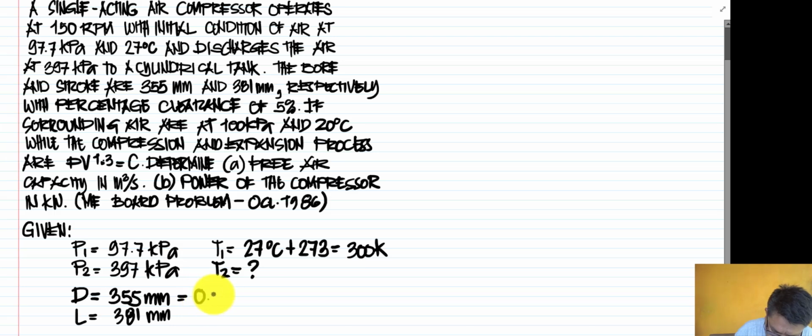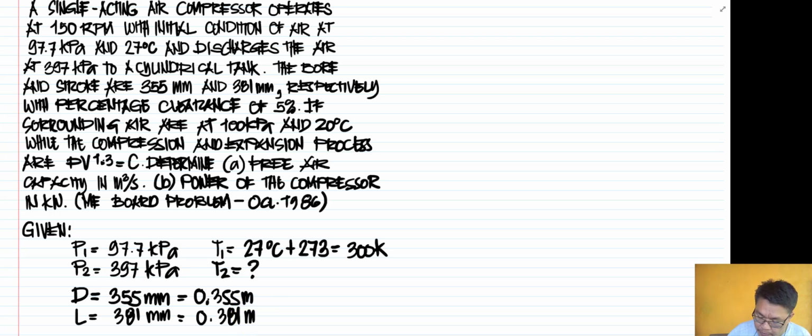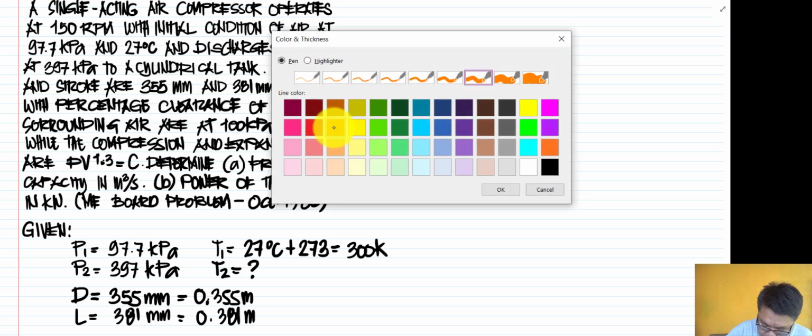Usually this is your letter L. So I'm going to write here 381 mm. Let's convert this one, so this one will be 0.355 meters, so that we are in one unit and can directly substitute to the equations. Then we have 0.381, that will be your length of stroke of the piston.